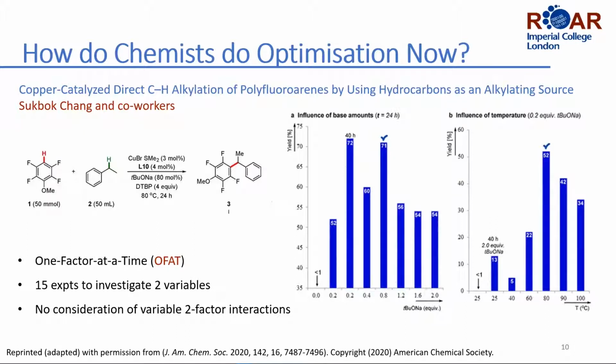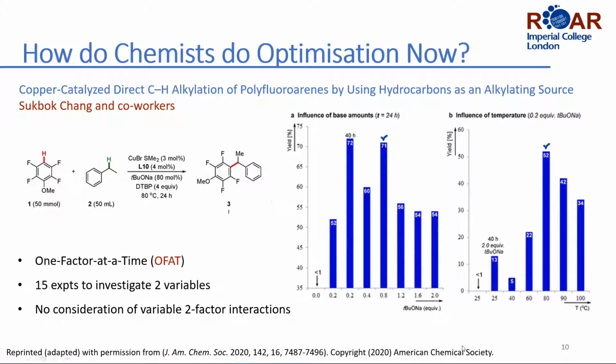So they have this reaction system here, and they're choosing to optimize a number of variables. The two I'm focusing on here are the equivalence of the sodium tert-butoxide base and the reaction temperature. And so this particular group, what they've done to optimize their equivalence of base is they've fixed all the other variables and then changed the amount of base they put in and done a series of experiments.